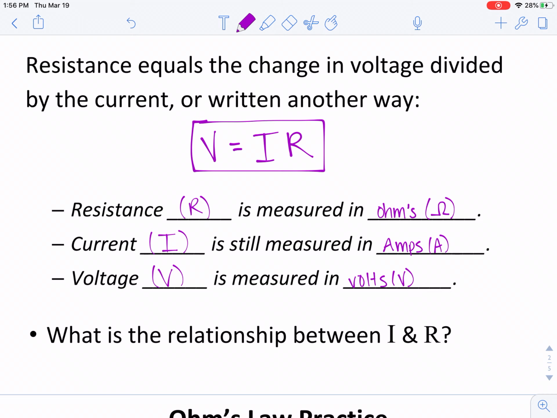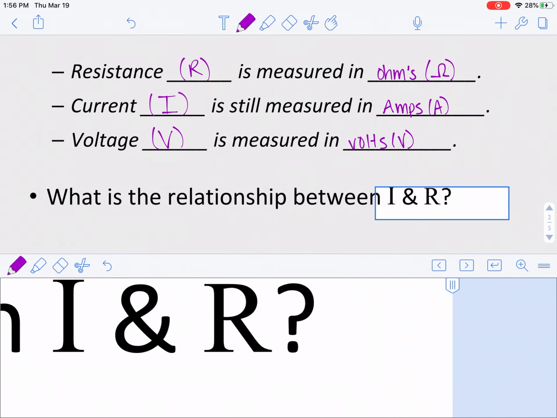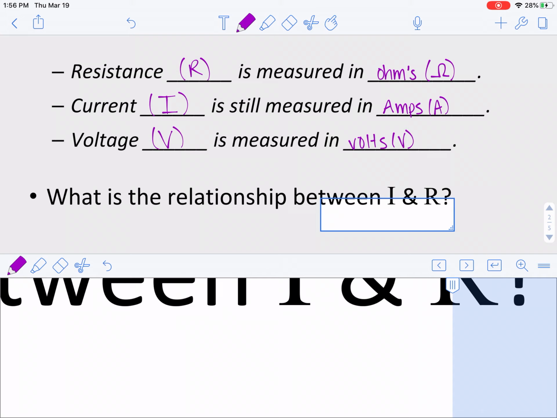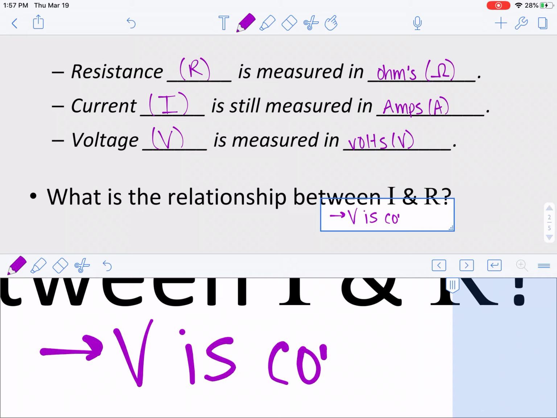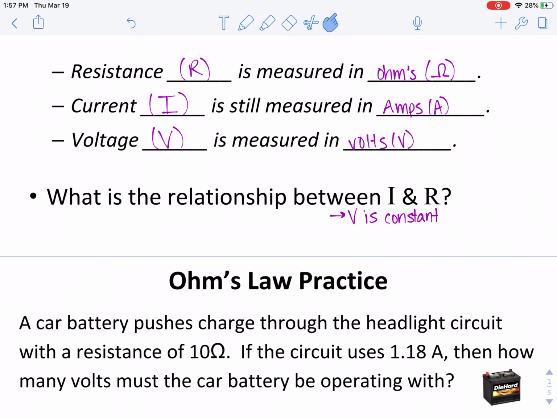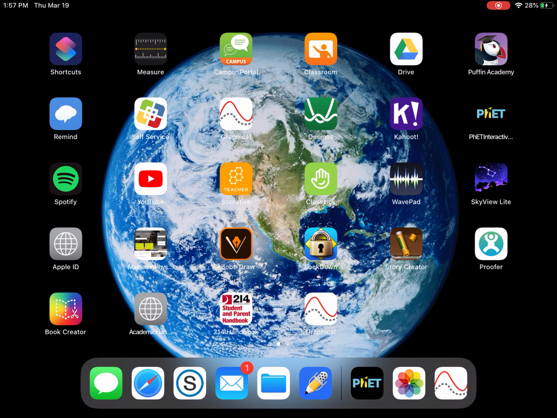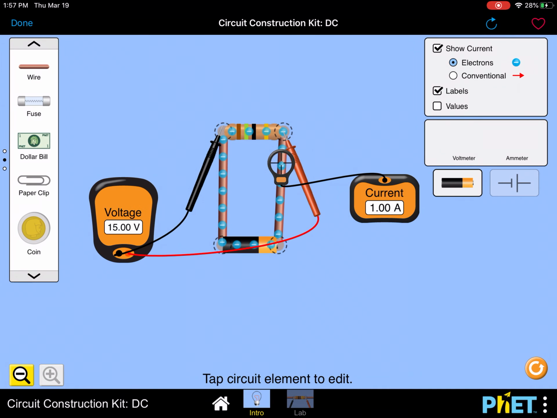What this means is that the variable that's staying constant is V. V is constant. That's important for us to know. What that means is that our power supply is staying the same. This would be equivalent to using the same amount of battery, and that's what we're doing here in the lab.